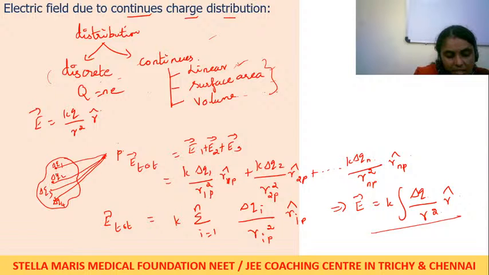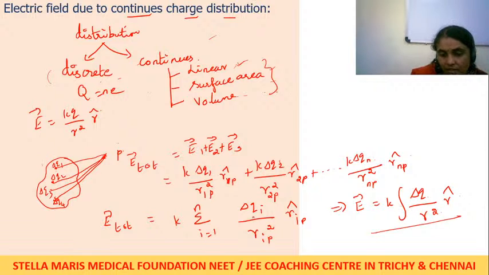Here I am going to consider the irregular shape. When we consider the irregular shape, this charge will occupy only a small space. So for q1 I substitute del q1, for q2 del q2, and up to del qn. When we put the summation, the E vector will be equal to k integral of del q divided by r squared into r cap.